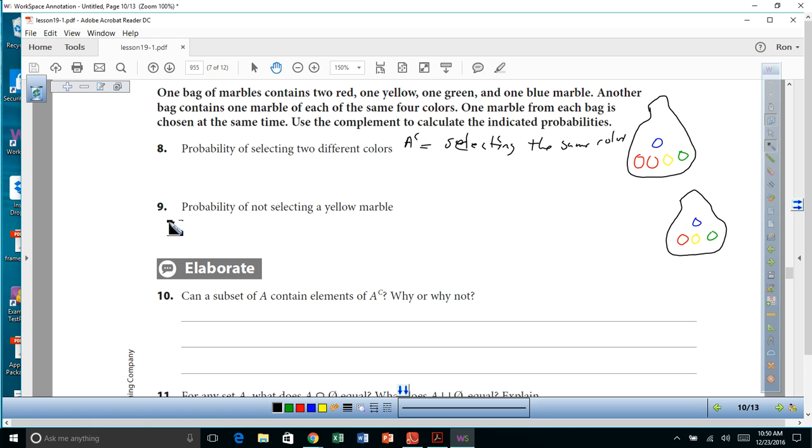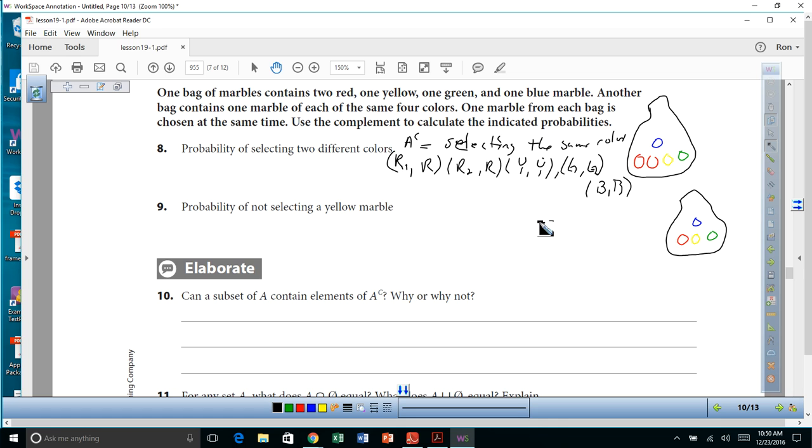All right, so there's 2 reds in here, so you got red 1 and then red, and then you have red 2, and then a red. And then you have a yellow and a yellow, and a green and a green, and then, of course, a blue and a blue.